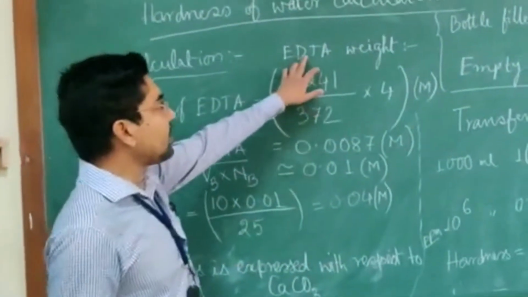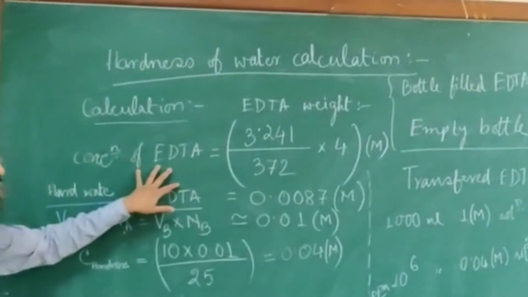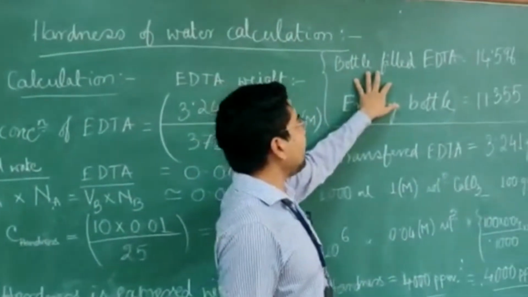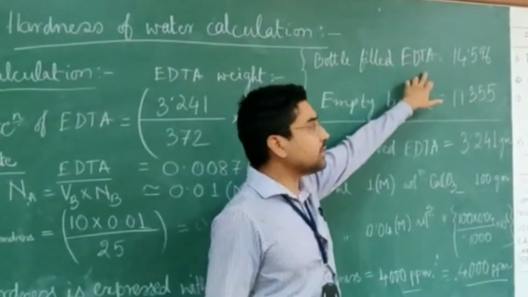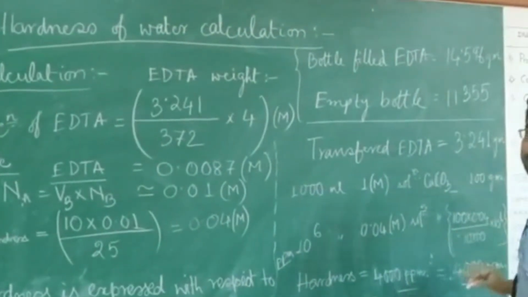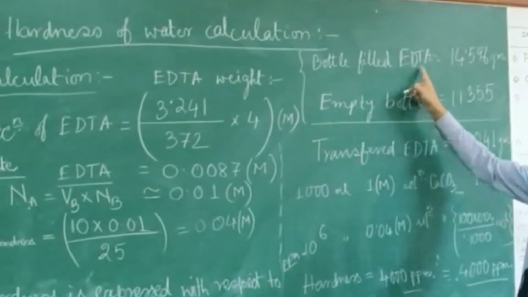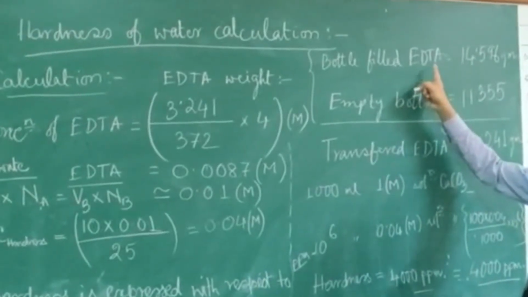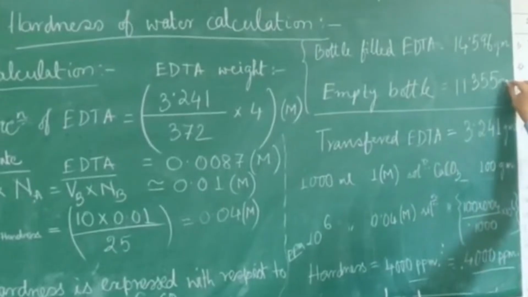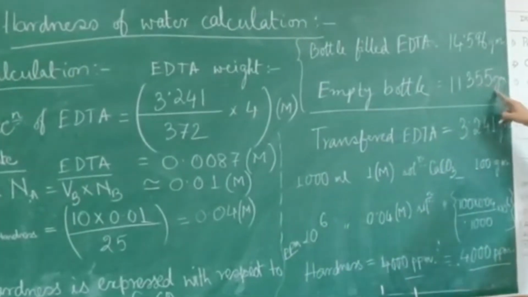We understand how to calculate the concentration of EDTA. The weight of the bottle filled with EDTA is 14.596 gram. Then we transferred the EDTA into the volumetric flask and took the weight of the empty bottle. The weight of the empty bottle is 11.355.